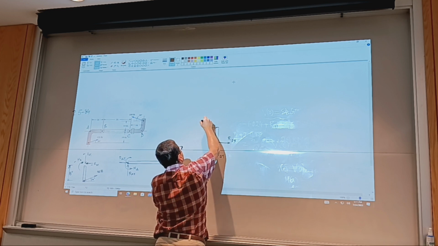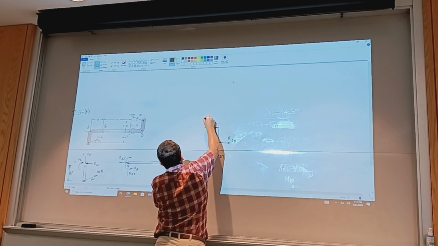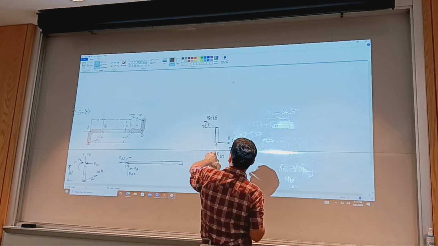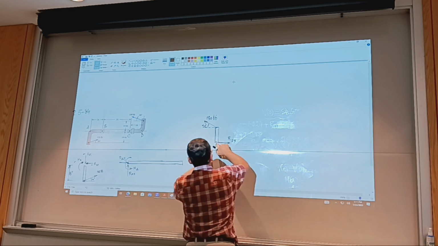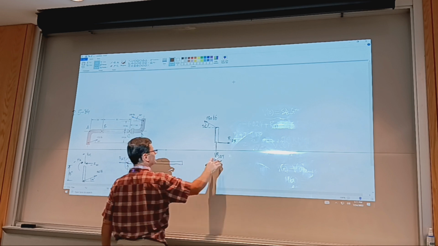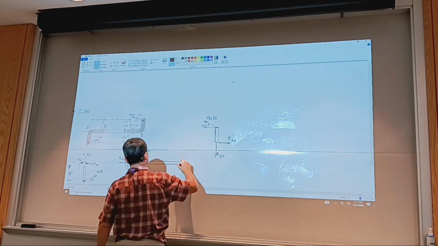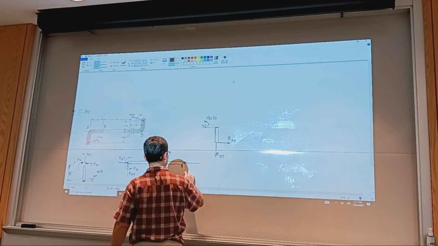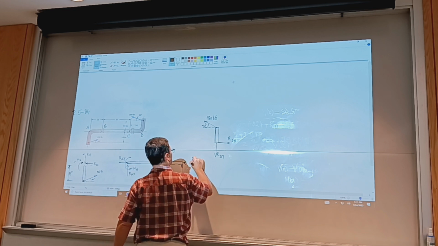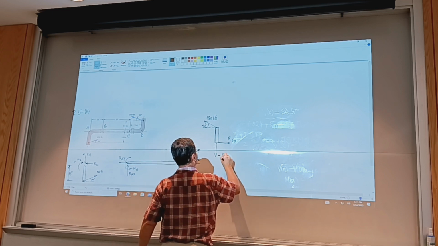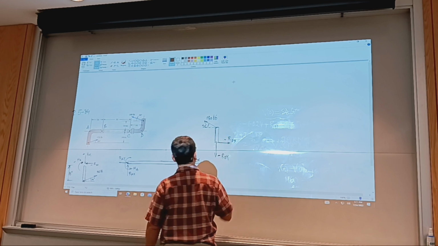So this is 180 pounds and the 20 degrees. Okay, so it means that I need to flip this force. I take them with a change of sign. So this one has to go up, and this one has to go towards the left. So this will be RDY, RDX, and I call them negative RDY and negative RDX.